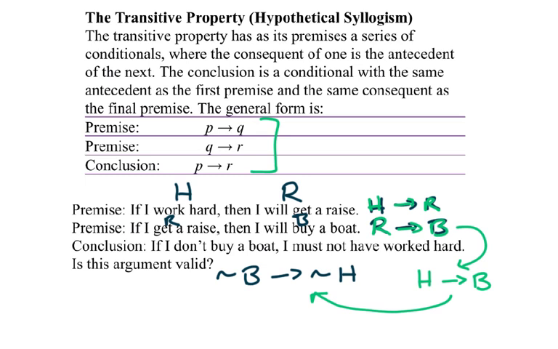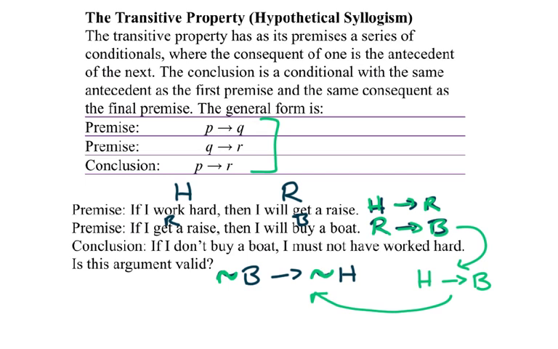And with the contrapositive, we switch around the H and the B, and we negate them, make them negative. And in this way, when we're working on these premises and conclusion, we don't put a negative sign, we put these little swirly things called tildes to mean not, because we don't use negative signs.